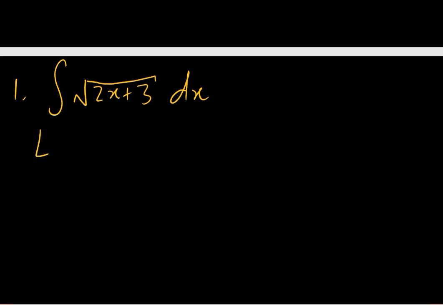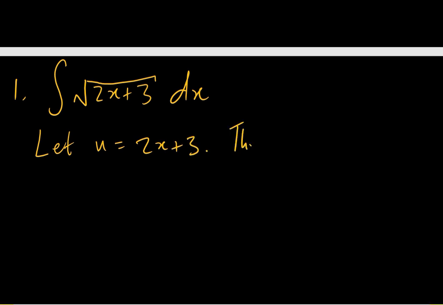So let's solve the first one. It's the integral of the square root of 2x plus 3 dx. What we're going to do is a substitution here. I'll say let u equal 2x plus 3.